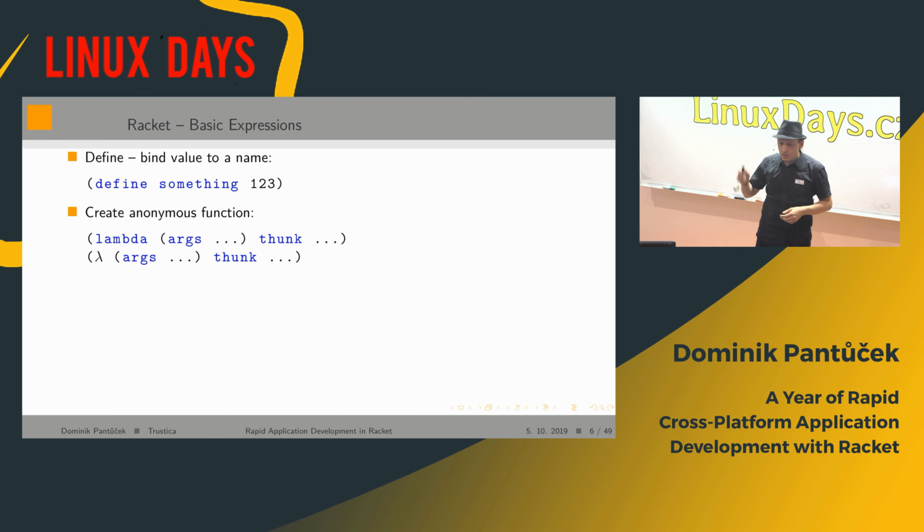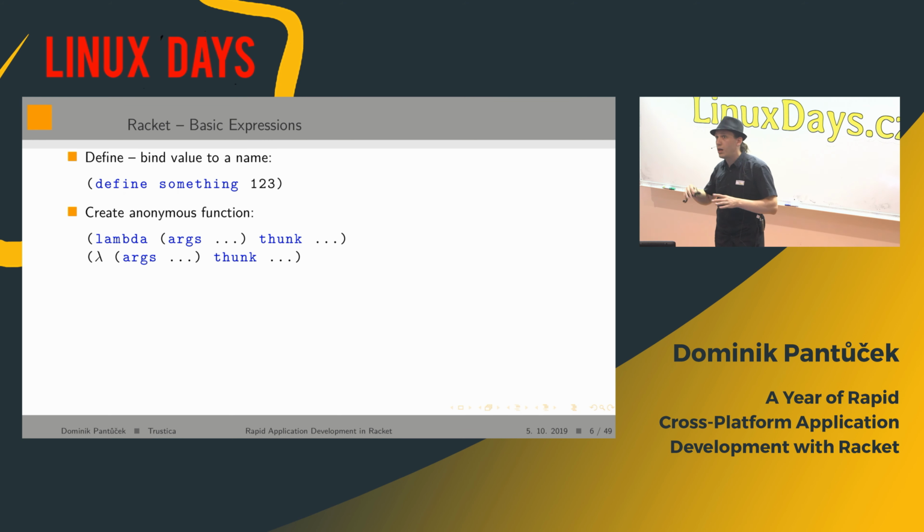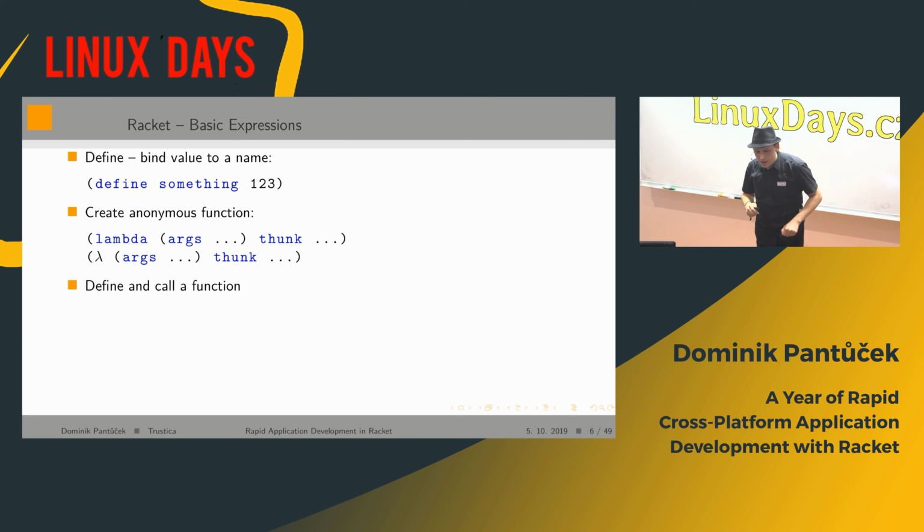You might notice there are two forms actually. One spells lambda, L-A-M-B-D-A, and the other is just the Greek letter lambda. Of course, you can use any Unicode symbol which is denoted as an alphanumeric character. Forget about emoji in function names. That's not supported. Thank God.